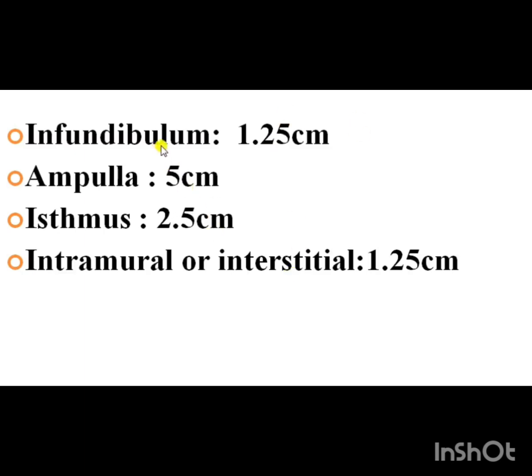So the infundibulum measures about 1.25 cm, ampulla 5 cm, isthmus 2.5 cm, intramural or interstitial part 1.25 cm. So it is clear that the longest part of the fallopian tube is ampulla. The narrowest part of the fallopian tube is intramural or interstitial.